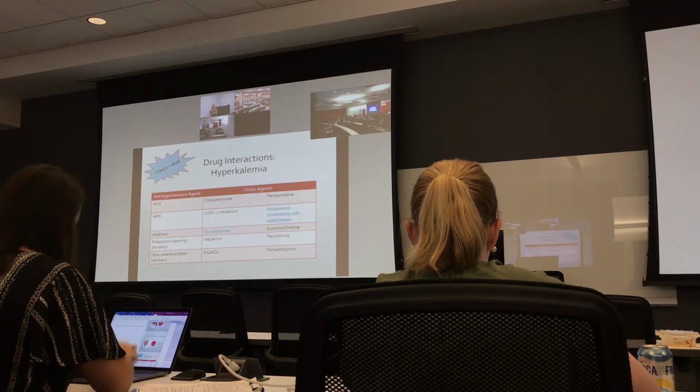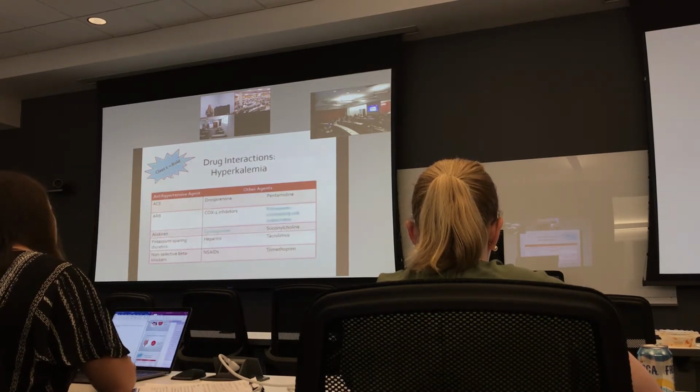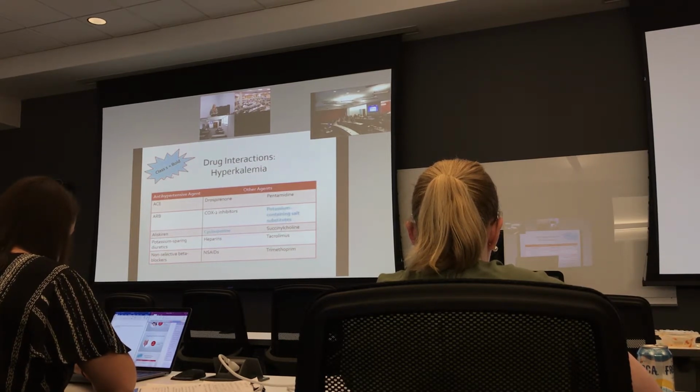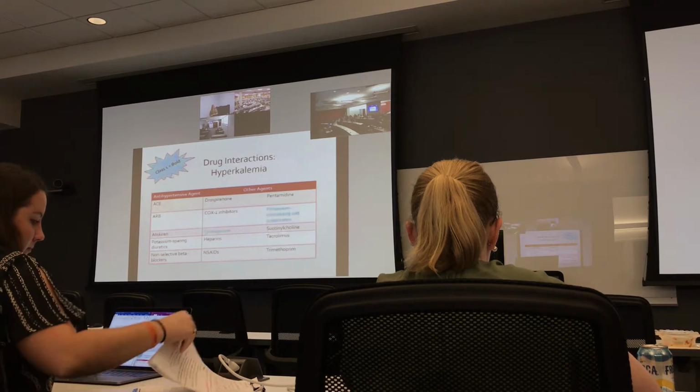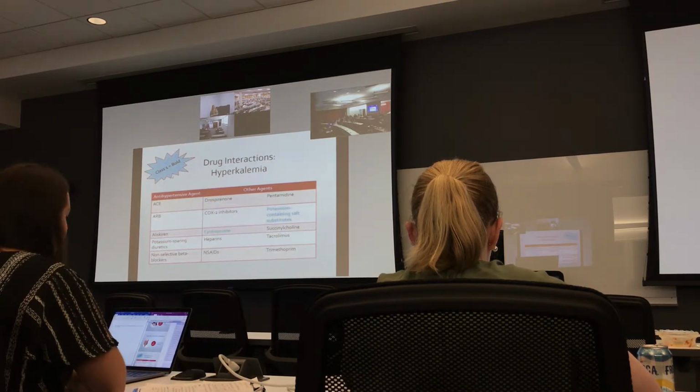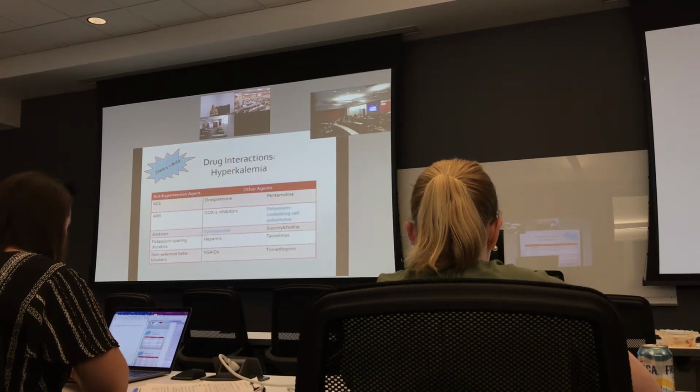But it is one that does cause the most drug interaction, especially when it comes to hyperkalemia. Aspirin is definitely one that is directly associated with your big bold blues that I have highlighted here.